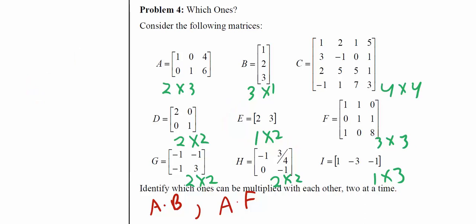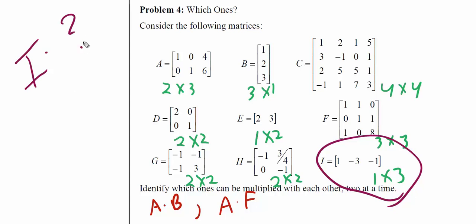I myself am not exhausting all possibilities. That's something that I want you to really pause and try to consider and do for yourself. However, let's try one more just for kicks. What could I multiply with I? I is a 1 by 3 matrix. Now, if I'm going to go in this order, I times what is possible?